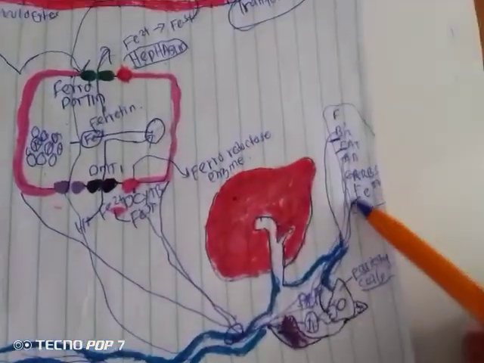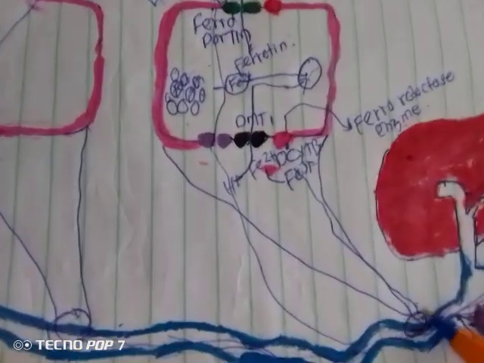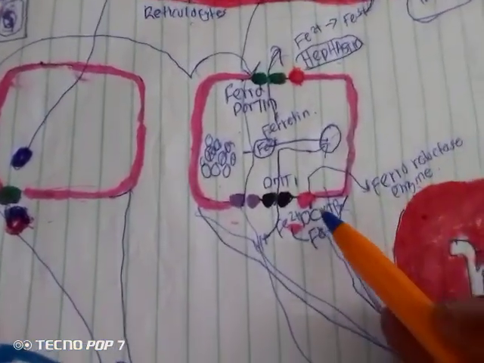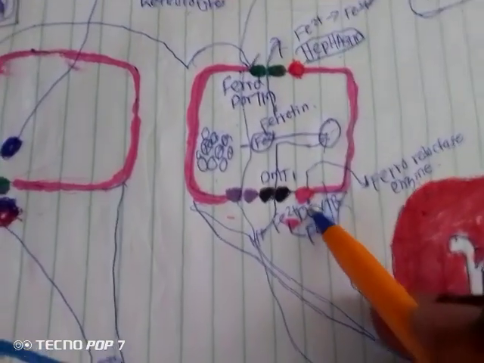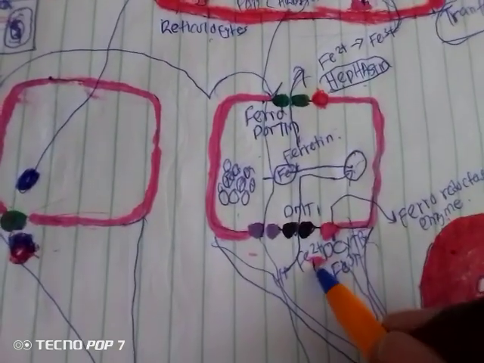We started with diet, we came to iron, and it comes in the duodenum. We zoomed in on the enterocyte. We said here there is a ferroreductase enzyme that normally converts iron 3 positive to iron 2 positive.